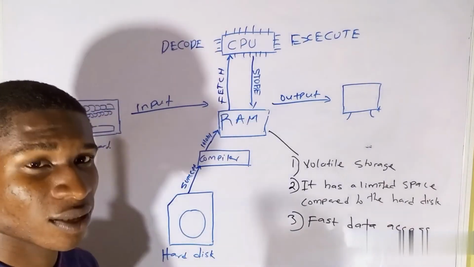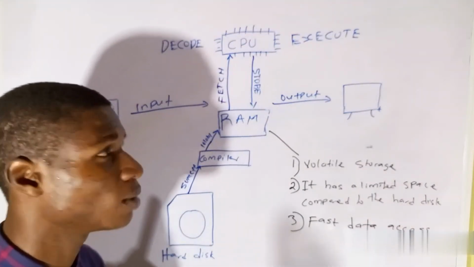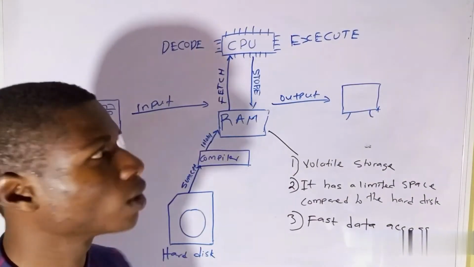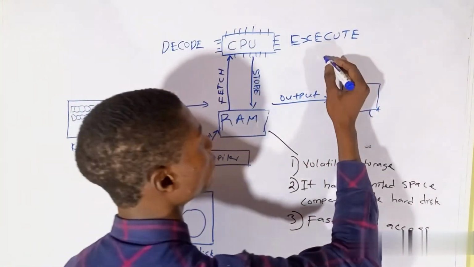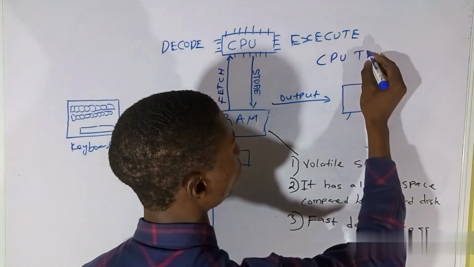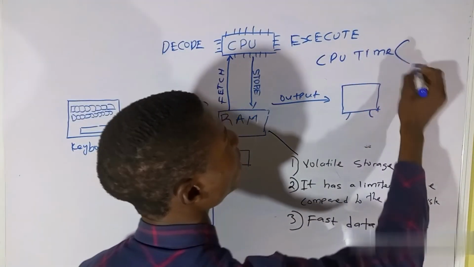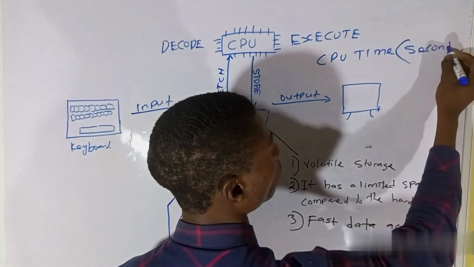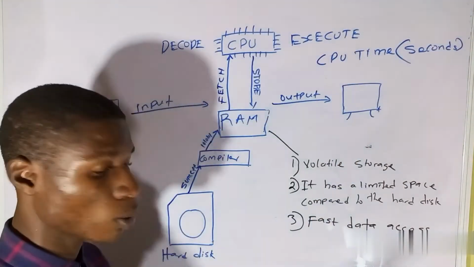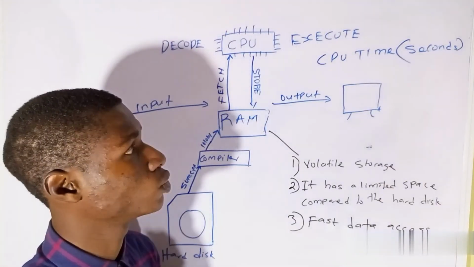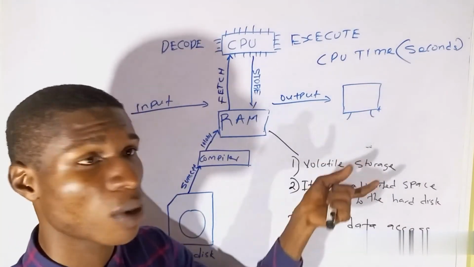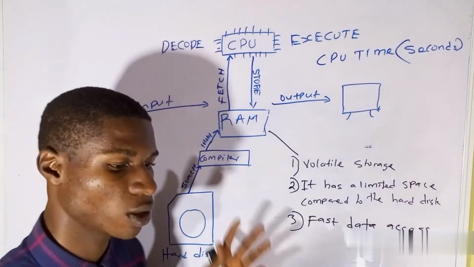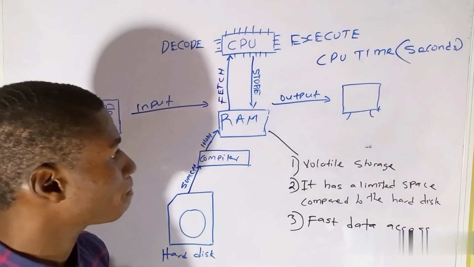So the number of ticks that the clock makes before the CPU finishes executing your program stored in the RAM is what is called the CPU time. And that is basically in seconds. You can also store this in number of ticks, but you have to convert that number of ticks to seconds at the end, probably milliseconds or something like that.